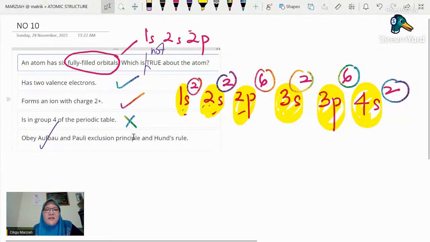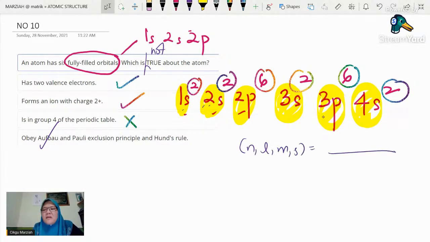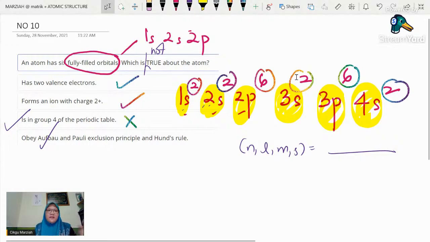And the last one, Pauli tu kalau kita tengok and LMS semuanya takkan sama. Okay, masa kita mengisi. Okay, so saya rasa not true ni, saya tengok balik. So kalau not true, the answer supposed to be C. Okay, so the answer is not true, bukan true. Jadi saya betulkan dekat yang itu untuk you all cuba lagi lepas ni.